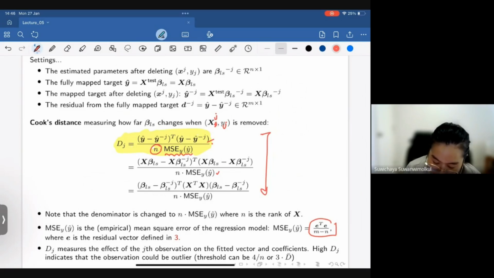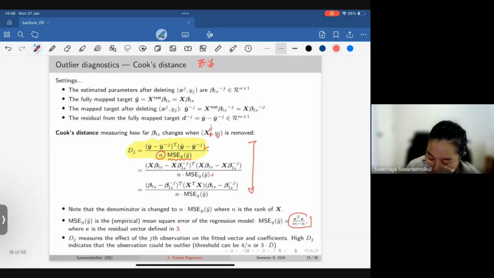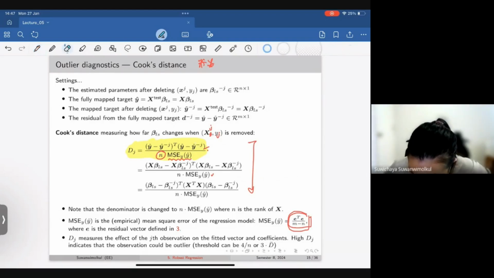And actually this error vector E, if I remember correctly, which I forgot to write here, E is simply y minus y hat, where y is the measurements and y hat is the prediction, and probably is the prediction including outliers. So that is a square error between the measurements and the predictions with outliers. Definitely this value could be very high.